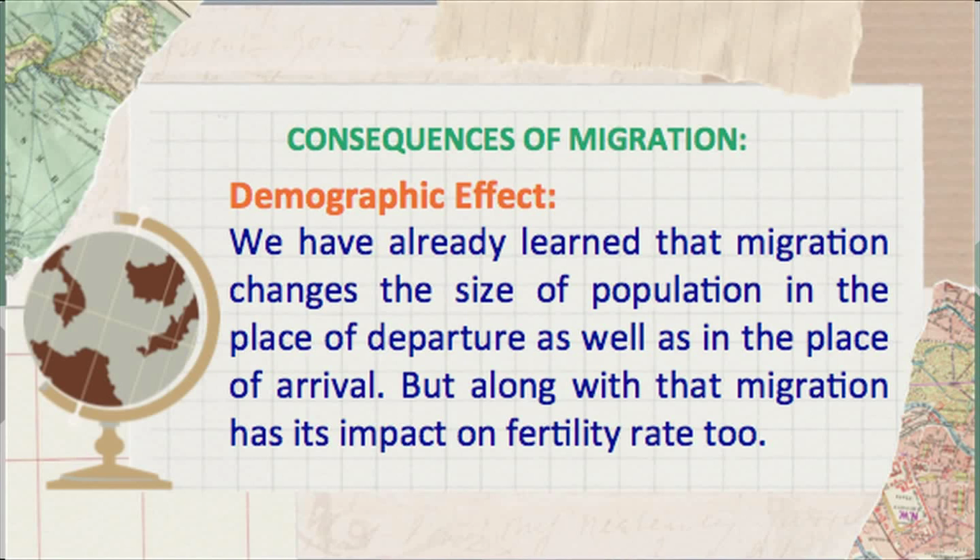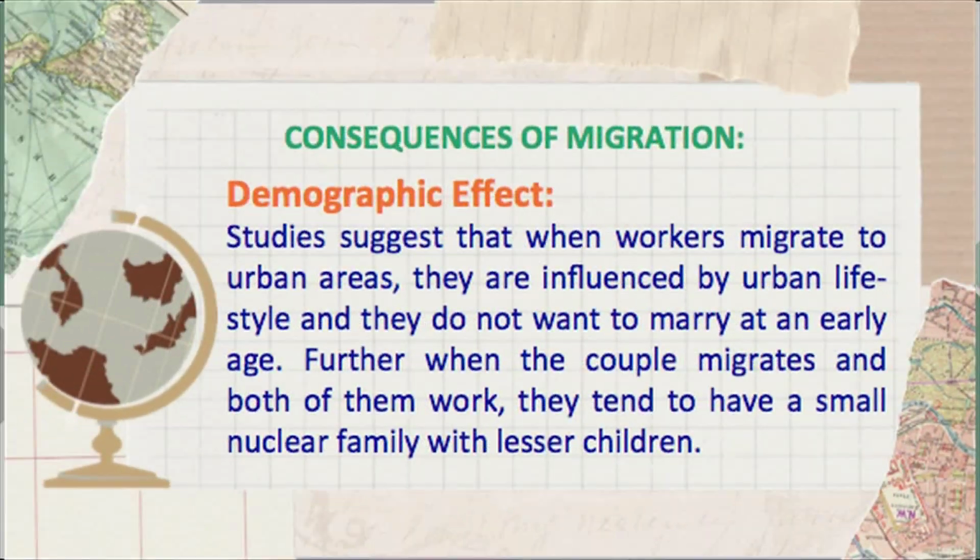There is also a demographic effect of migration. We have learned that migration changes the size of population in the place of departure as well as in the place of arrival. But along with that, migration also has its impact on the fertility rate. Studies suggest that when workers migrate to urban areas, they are influenced by urban lifestyle and they do not want to marry at an early age.